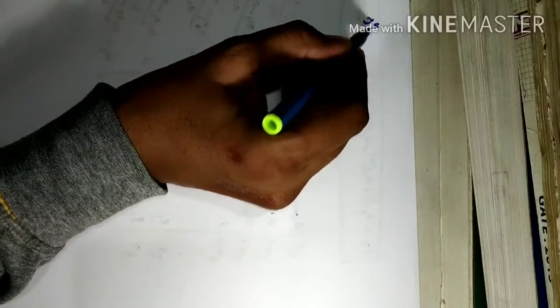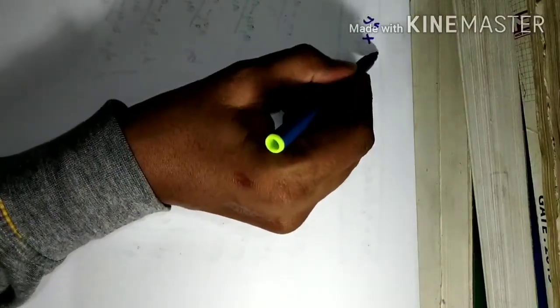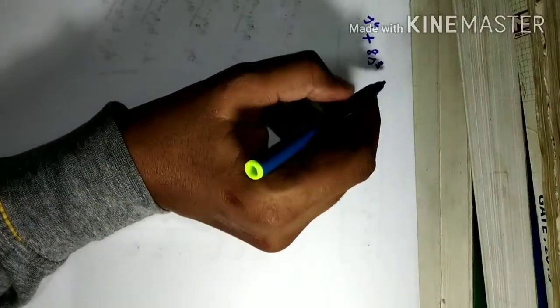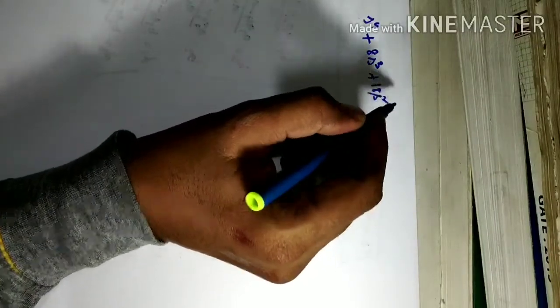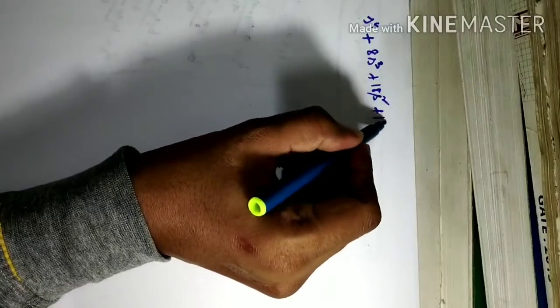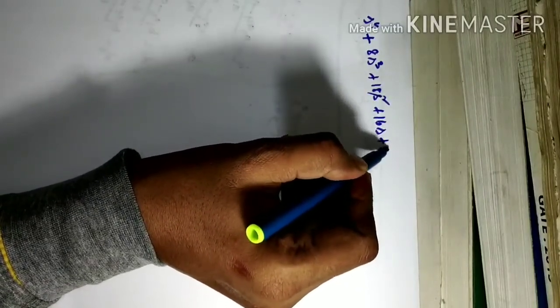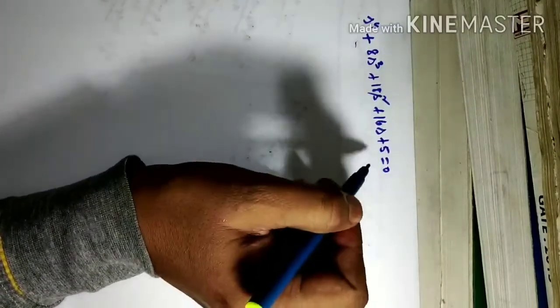Here s power 4 plus 8 s cubed plus 18 s square plus 16s plus 5. For the given characteristic equation, I have to find the stability.